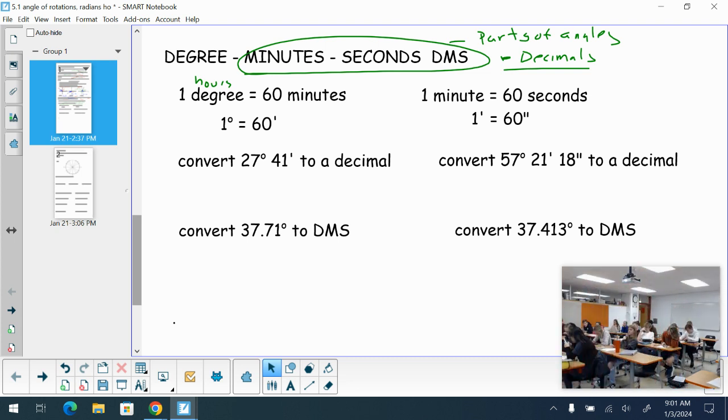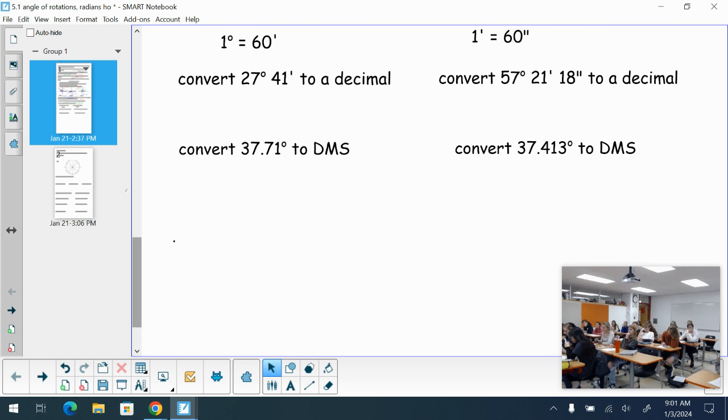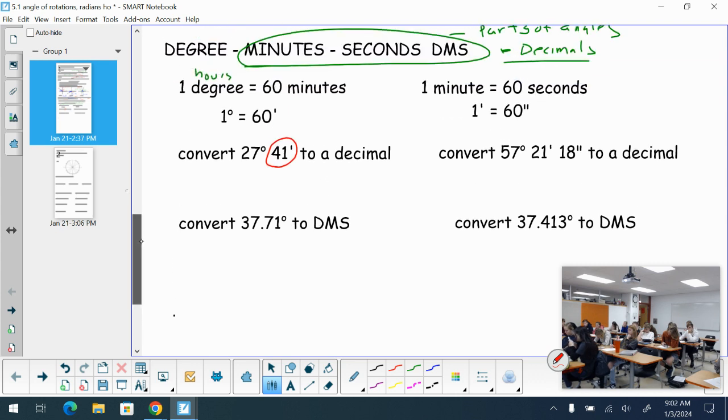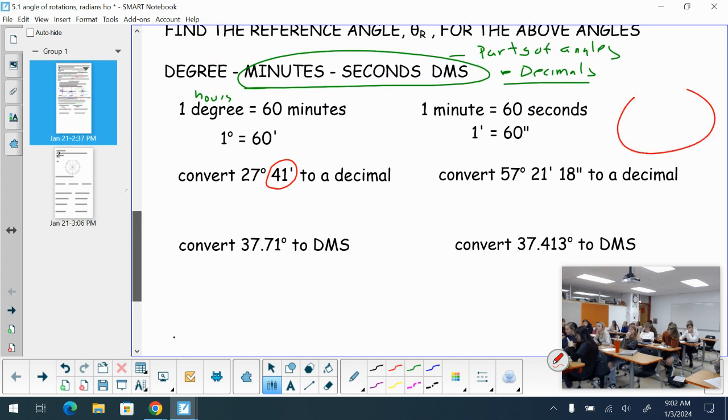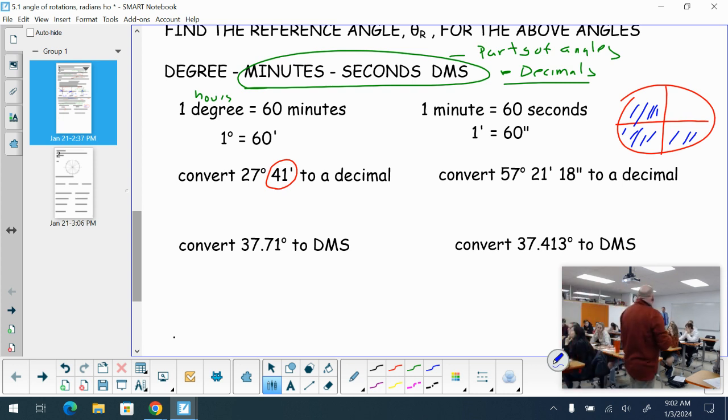I want to convert 27 degrees, 41 minutes into a decimal. What we want to deal with here is the 41 minutes. How do we convert that into a decimal? If we take a look at a pizza that is divided into 4 pieces, and I eat 3 of those 4 pieces, how do I convert that into a decimal?